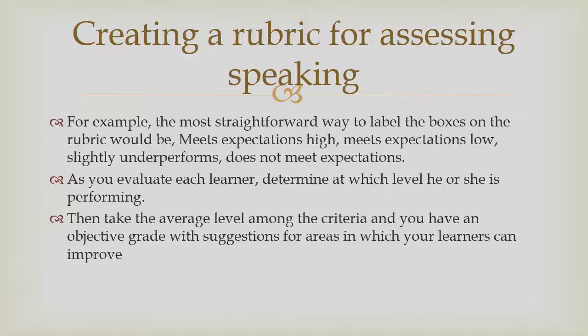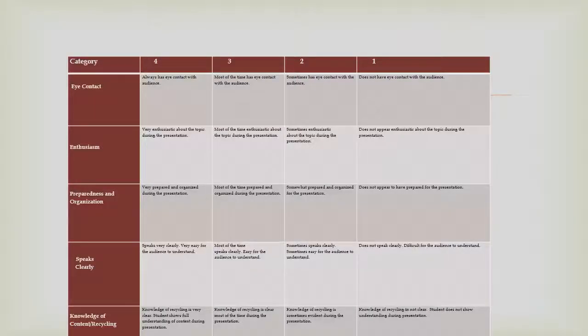Then as we evaluate each learner, determine at which level he or she is performing. Then take the average level among the criteria and you have an objective grade which suggests areas in which your learners can improve. These, for example, would be a grid: eye contact, enthusiasm, preparedness and organization, speaks clearly, knowledge of content.